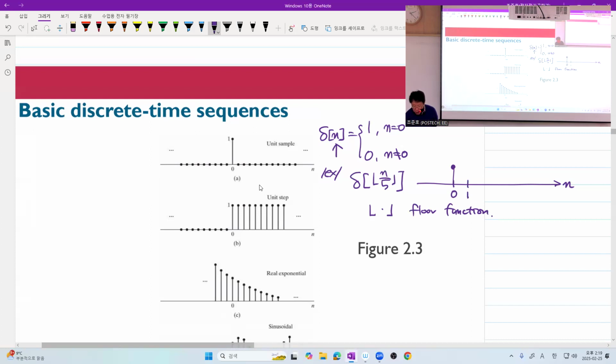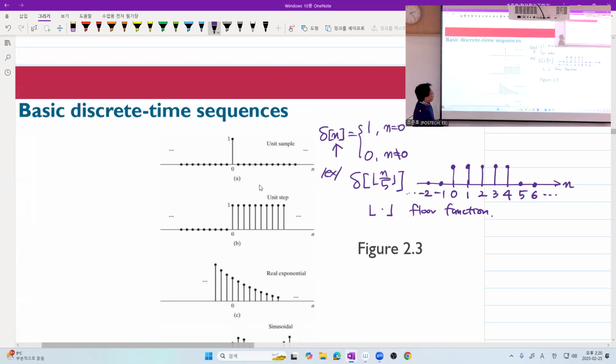Now at time index 1, again 1/5. Sorry. At 5, it becomes 1. Right? So the argument becomes 1. So you have 0, 0, dot, dot, dot. And similarly, you have -1, -2, dot, dot. Got it? So here, this n is an integer as a discrete time signal. Got it?